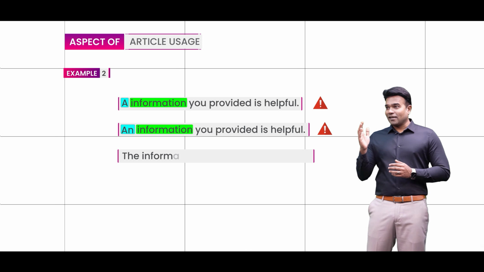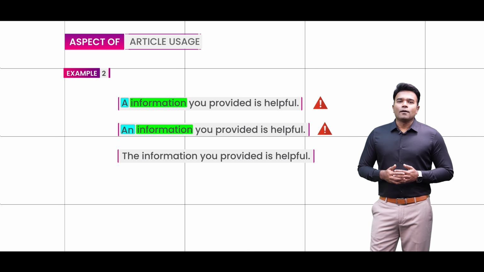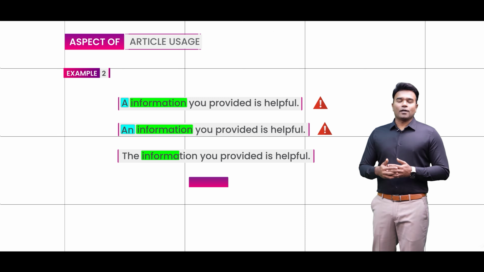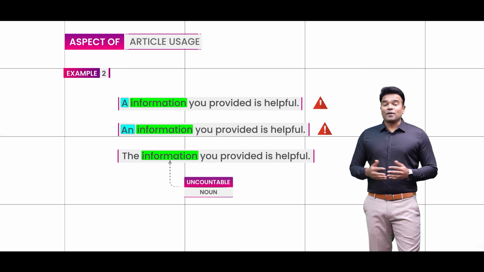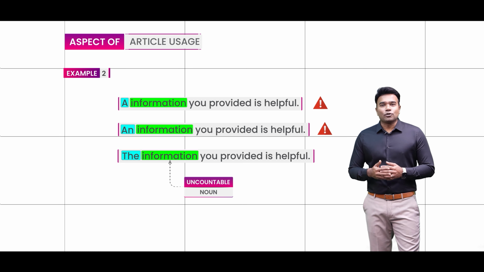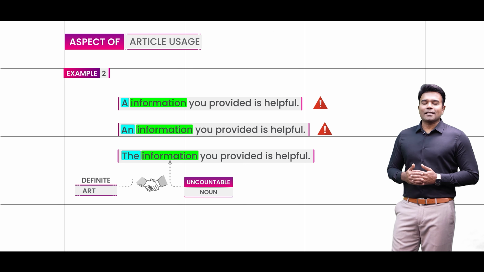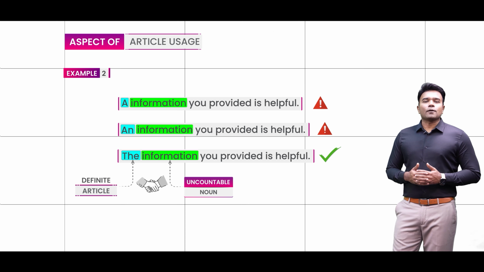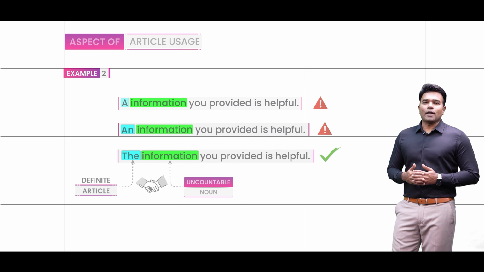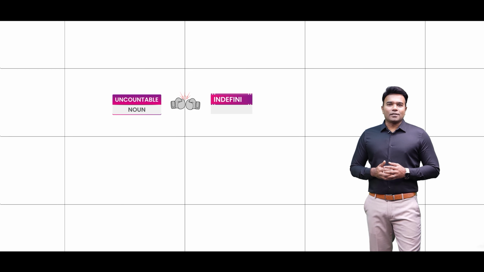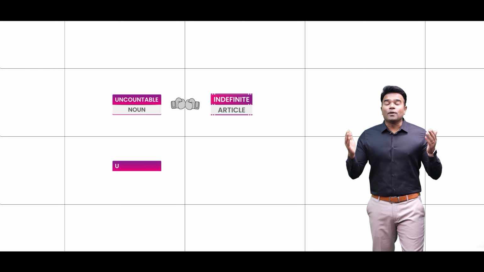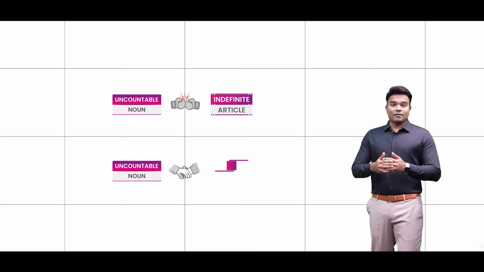The information you provided is helpful. Again here, information happens to be an uncountable noun, and it is associated with the article the, which happens to be a definite article, and this sentence is perfectly valid. So while the uncountable nouns cannot be used with the indefinite articles, definitely the uncountable nouns can be used with the definite articles.